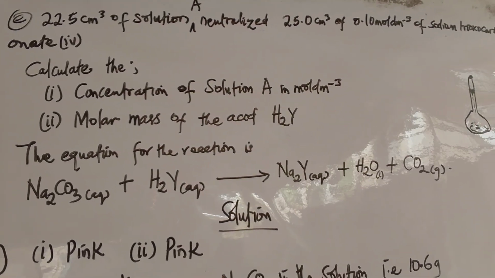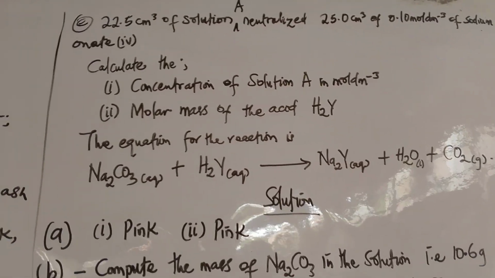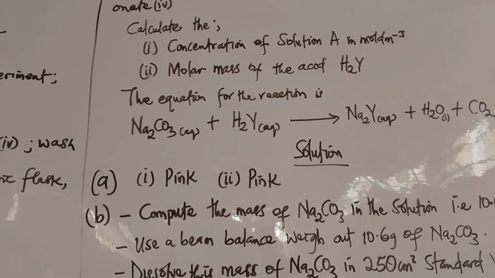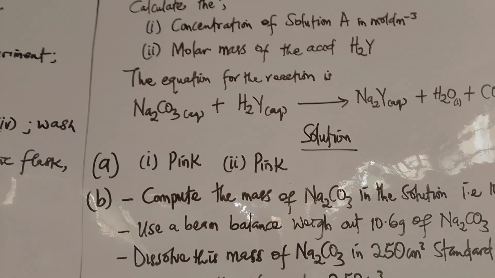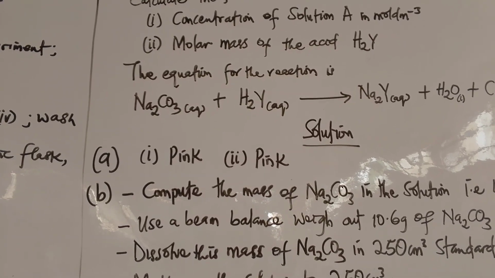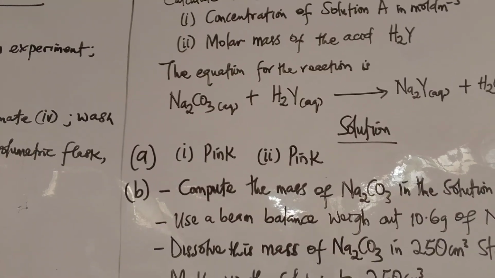Then we have to calculate the concentration of solution A in mol per dm cube, and the molar mass of the acid H2Y. Another thing we have to do is write the equation for the reaction, before you start answering the question.